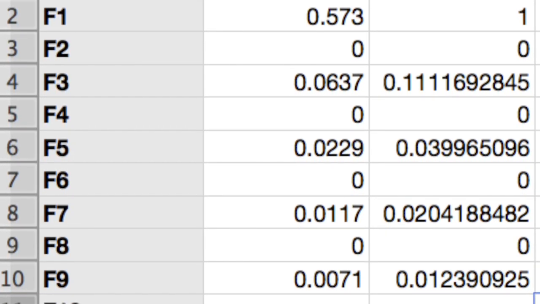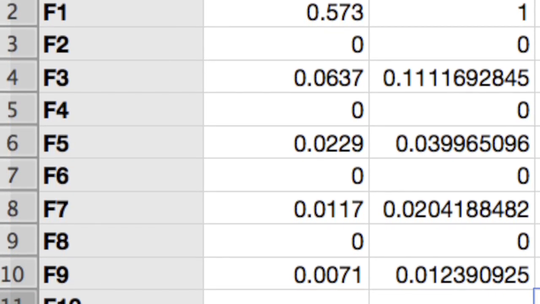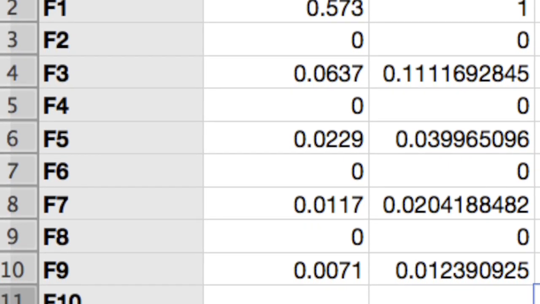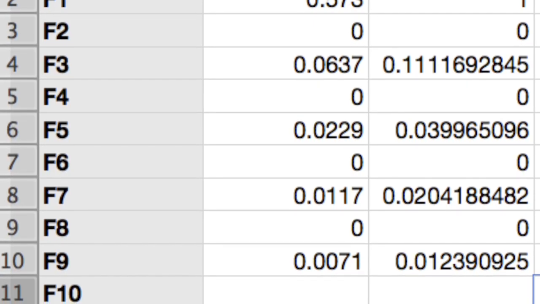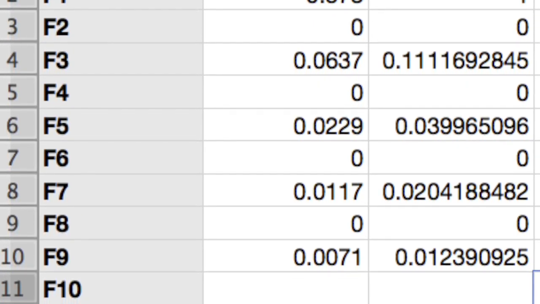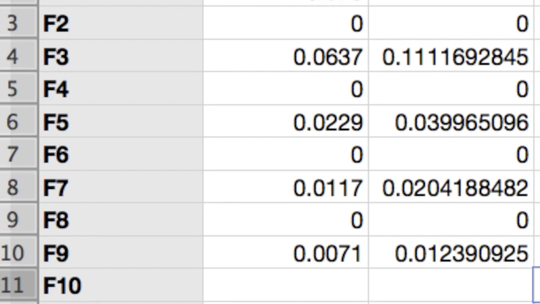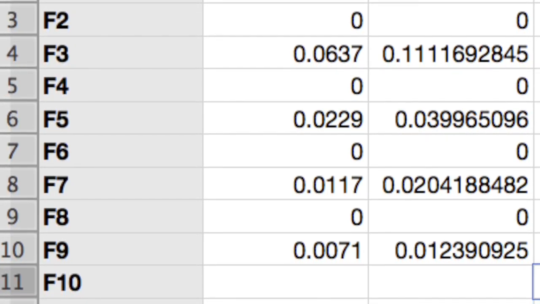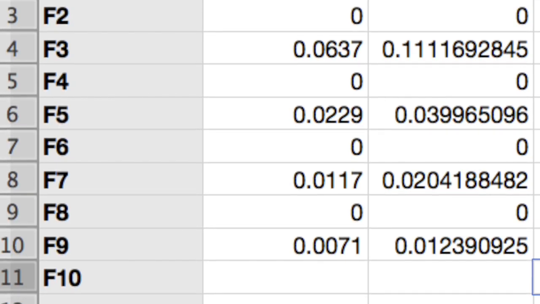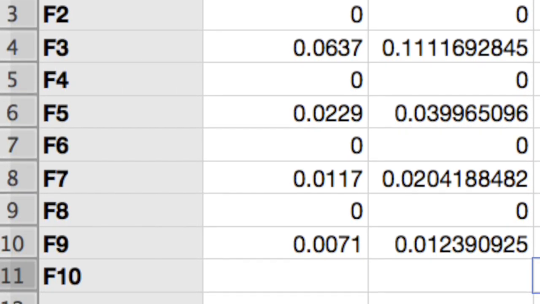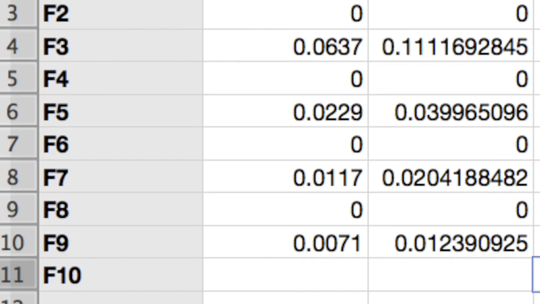The sixth harmonic has an amplitude of 0. The seventh harmonic has an amplitude of 0.02041888482, relative to the fundamental being a 1. The eighth harmonic has an amplitude of 0, and the ninth harmonic has a relative amplitude of 0.012390925.